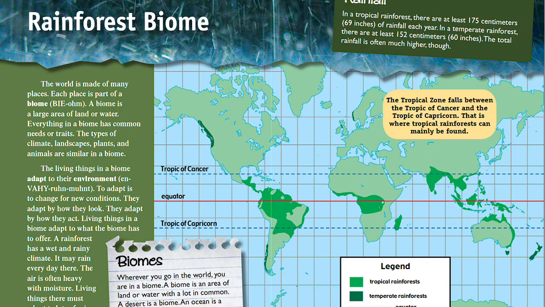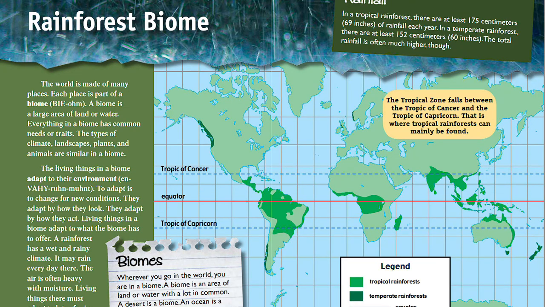Rainfall. In a tropical rainforest, there are at least 175 centimeters, 69 inches, of rainfall each year. In a temperate rainforest, there are at least 152 centimeters, 60 inches. The total rainfall is often much higher, though. The tropical zone falls between the Tropic of Cancer and the Tropic of Capricorn. That is where tropical rainforests can mainly be found.